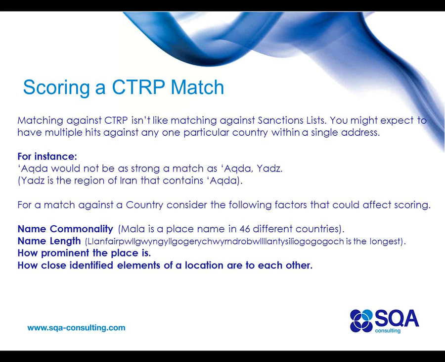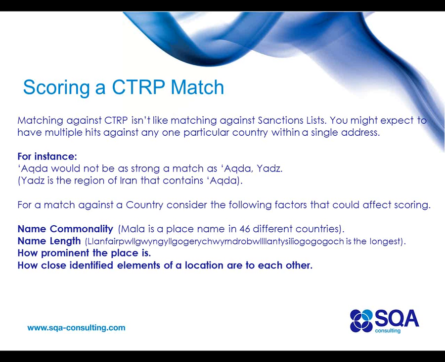So if we just have Akhtar, that's not going to be a strong match particularly, because it's just a little place in Iran. If I have Akhtar Yazd, Yazd is a region in Iran, then that's a very strong indication indeed that the location is Iran, much stronger than just having Akhtar on its own.